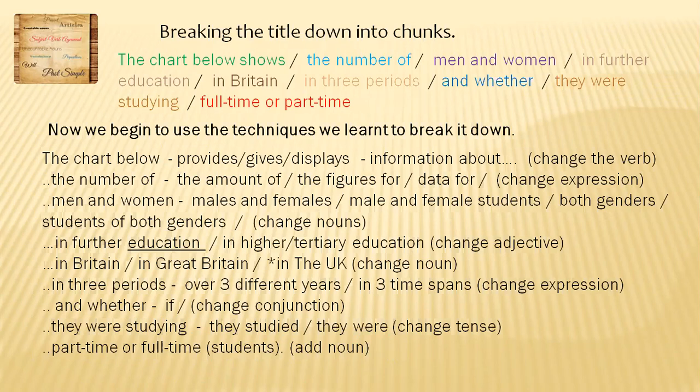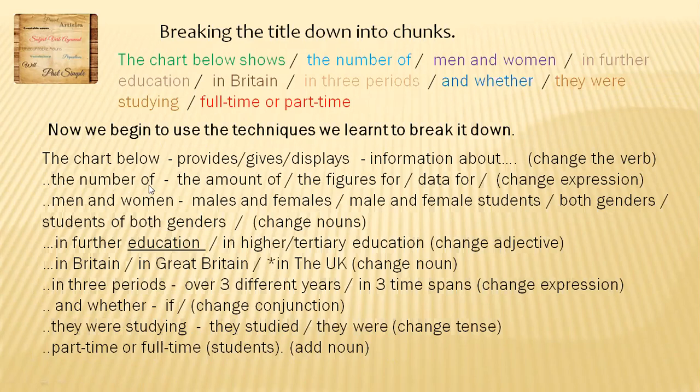So now we begin to use the techniques we learned to break it down. The chart provides, gives, displays. So we change the verb. Information about, okay. Or you don't really have to do that. You could say displays the number of, provides, gives the number of. We change the verb.